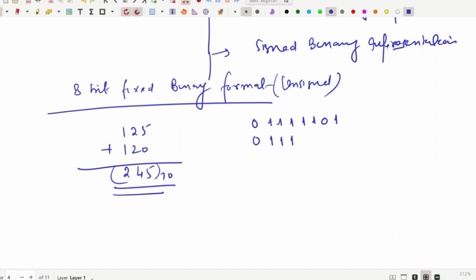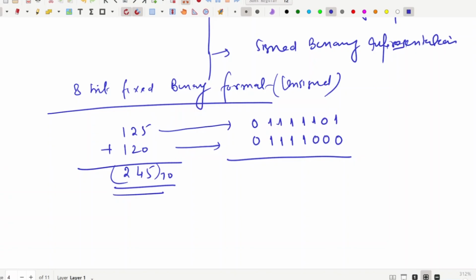This is the binary representation of 125, and this is the binary representation of 120. Why? Because we know the weight of the corresponding positions, and when we add the positions in which the bit value is 1, we find that this number is equivalent to 125 in decimal, and this number is equivalent to 120 in decimal.